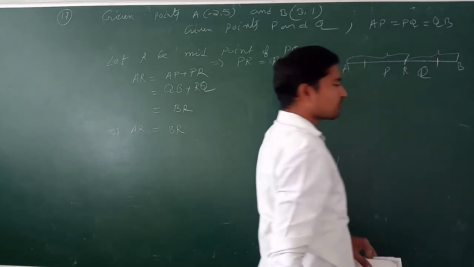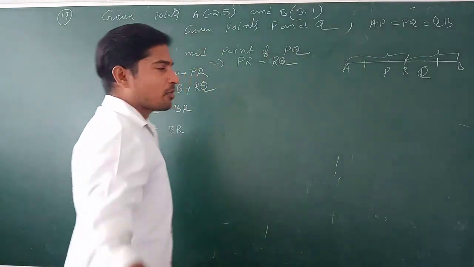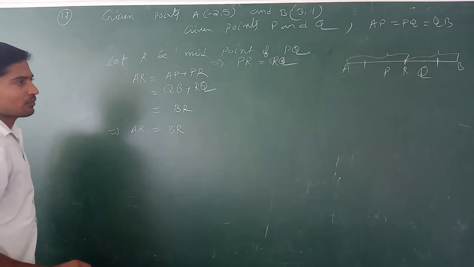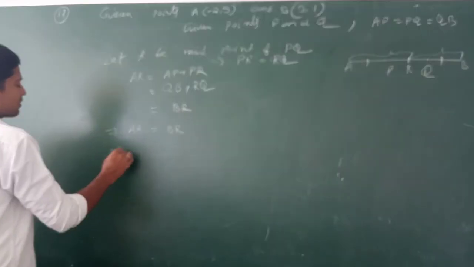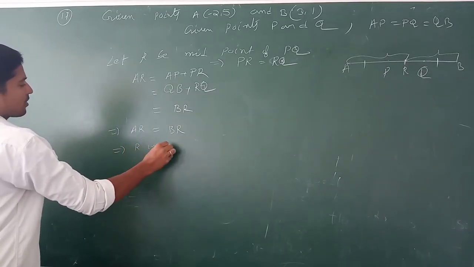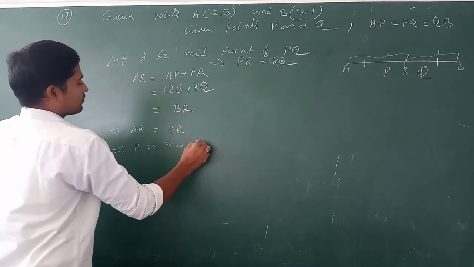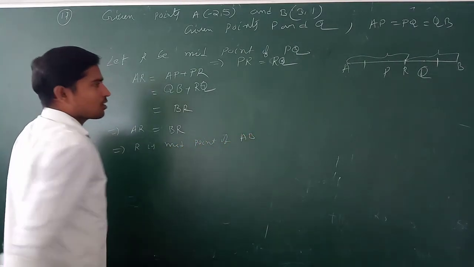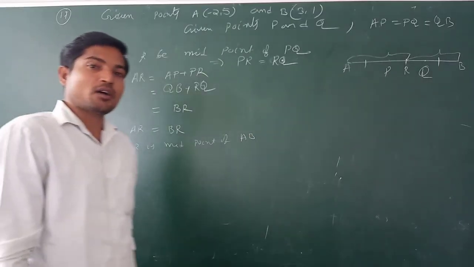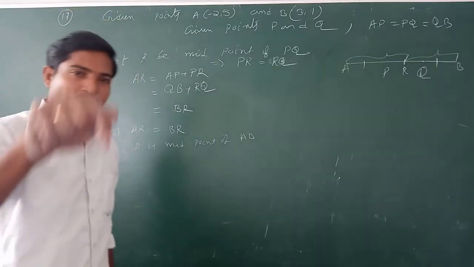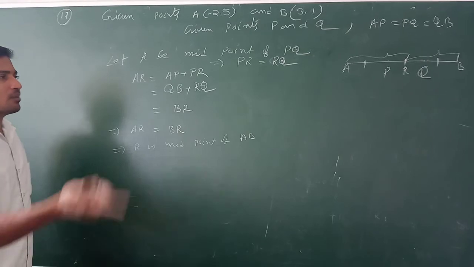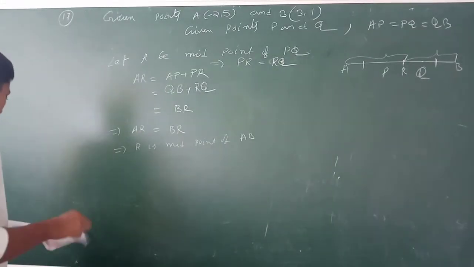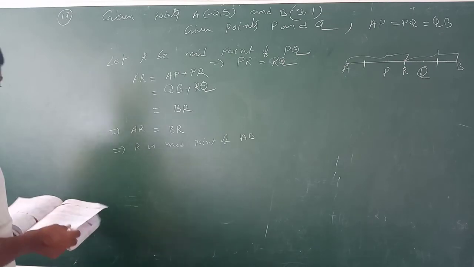That means R is the midpoint of AB. So R is the midpoint of AB. Whatever midpoint I want, that is the midpoint of AB. So find the midpoint of the given line segment joining the points.